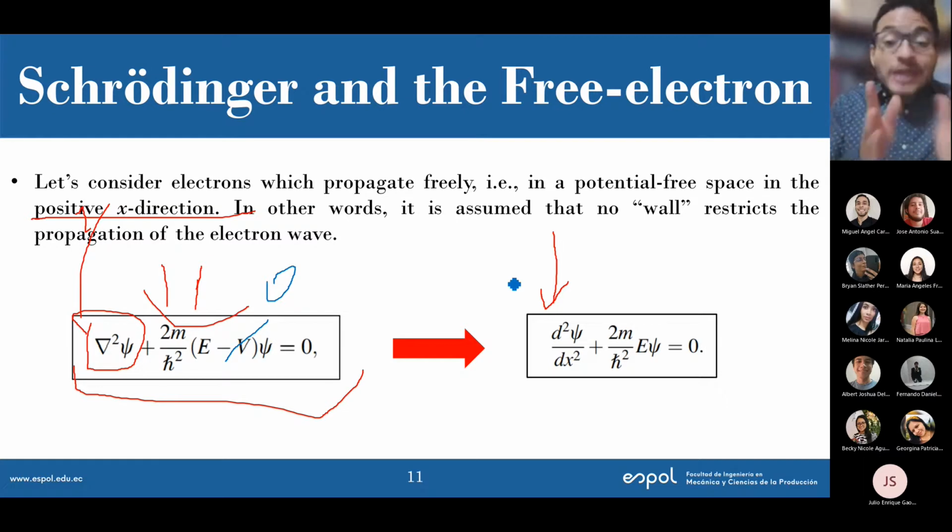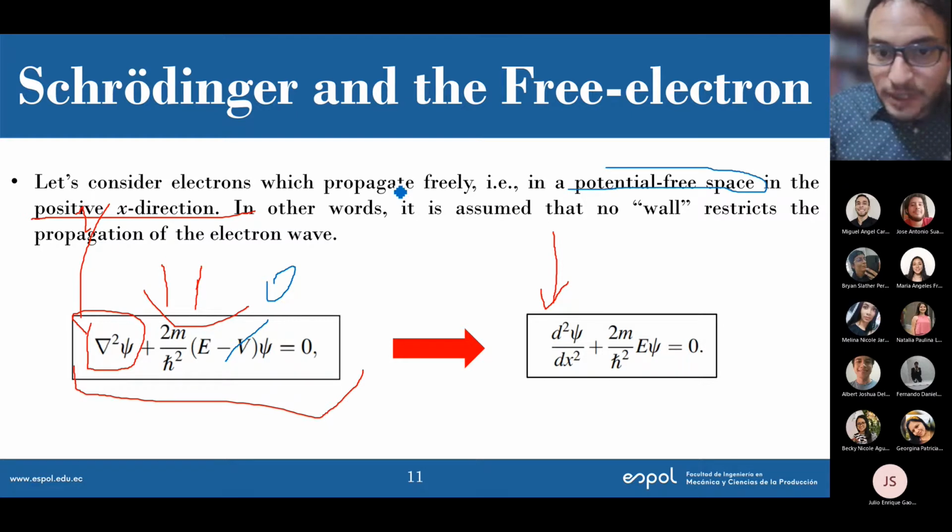And when the electron is moving freely, when there is no barrier, the potential energy is zero, because it is a potential free space, as it says here. When the electrons propagate freely, they can move all around with no restrictions.